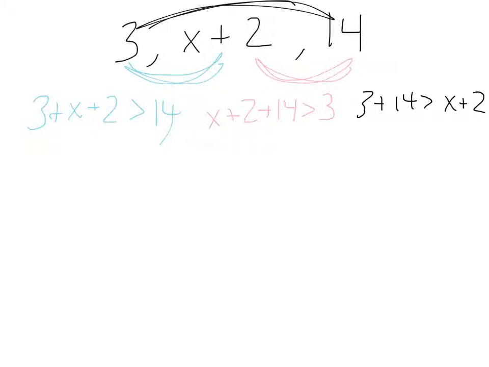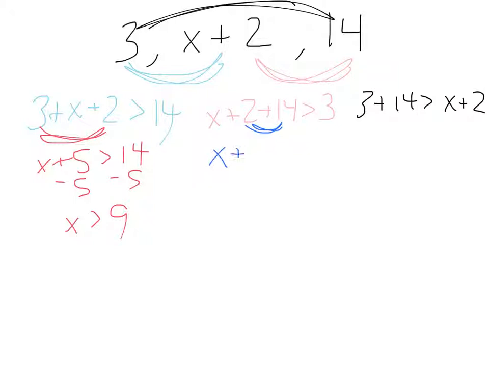Alright, here we go. So the one on the left, we need to combine like terms first. So we combine our 2 and our 3, we get 5. And then we just keep solving. We need to get x by itself, so subtract 5. X is greater than 9. Middle one here, we need to combine our 2 and our 14, so we get 16 there. Subtract our 16 to get x by itself, so x is greater than negative 13.